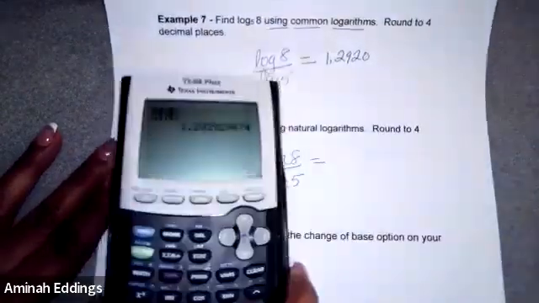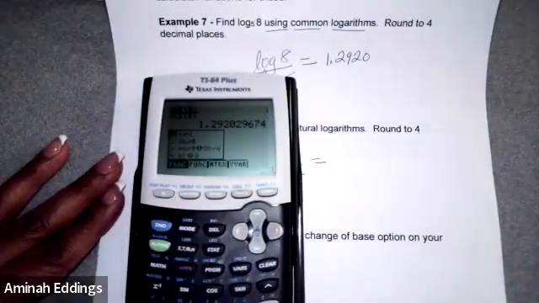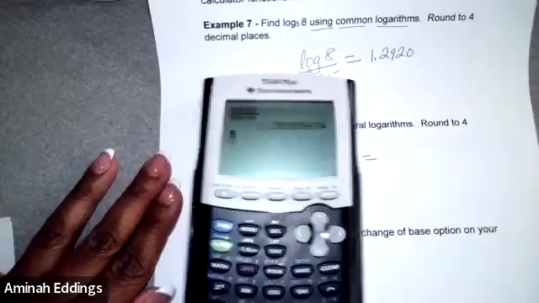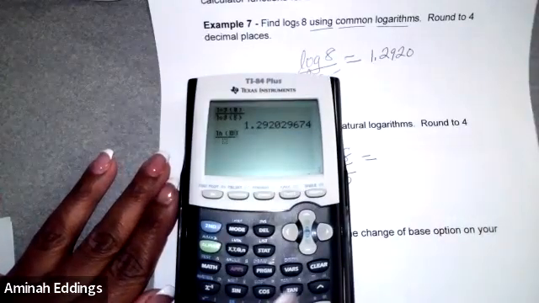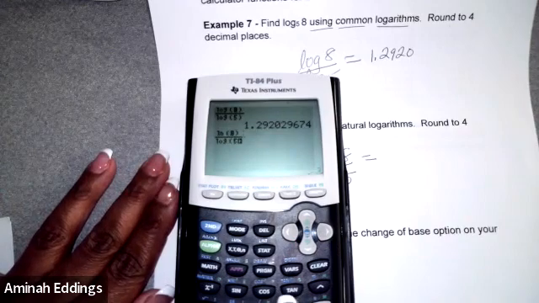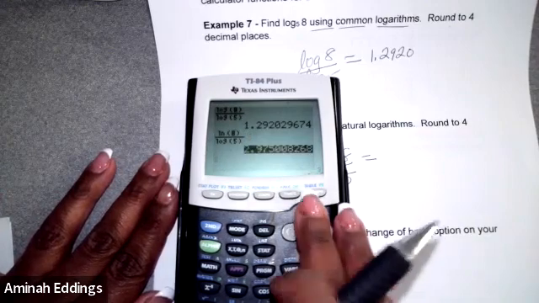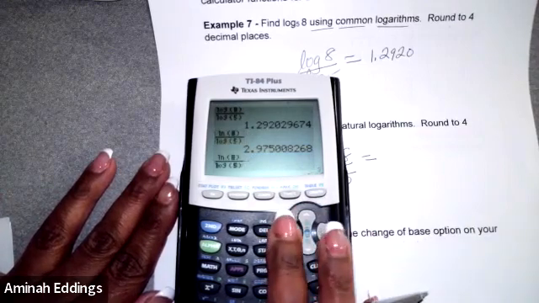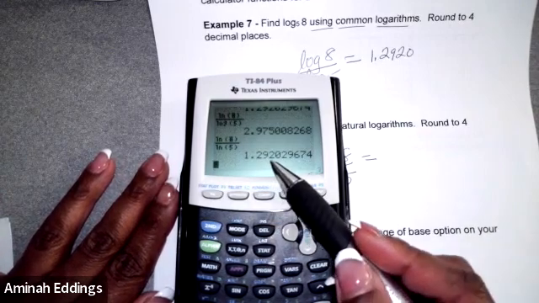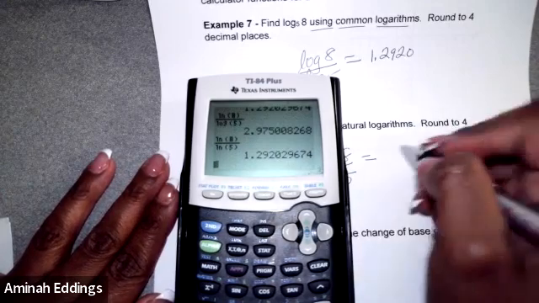And if we put that in our calculator, alpha y equals, this time ln, so ln 8 over ln 5. Oops, I put in log. Go back and change that. You should see we got the exact same thing, okay?